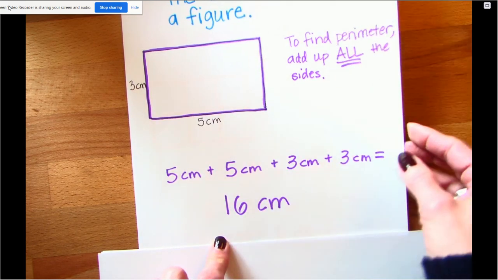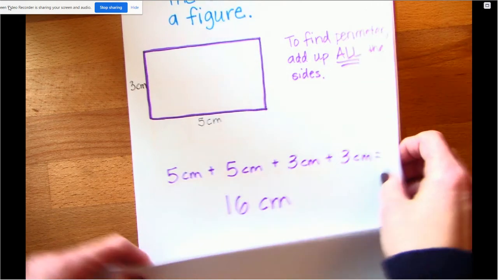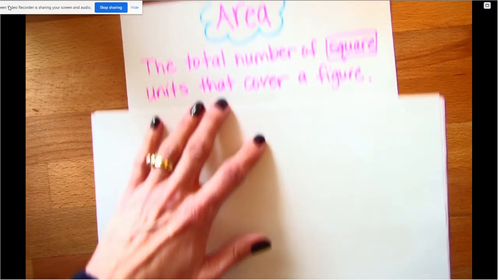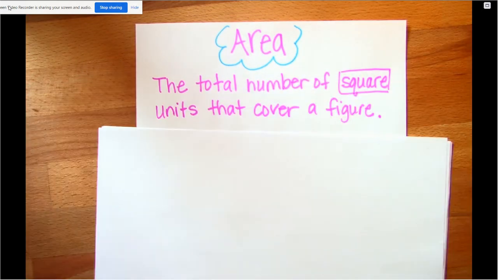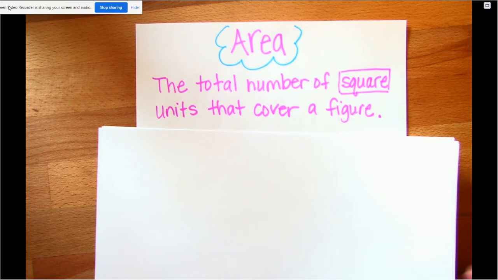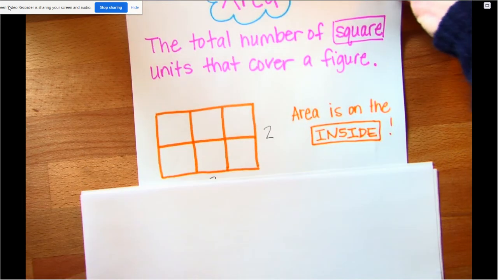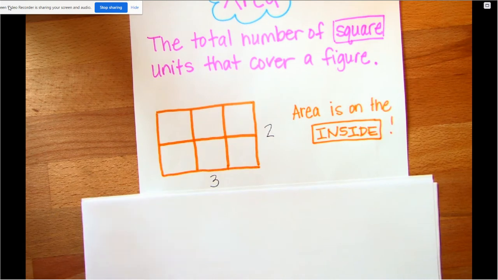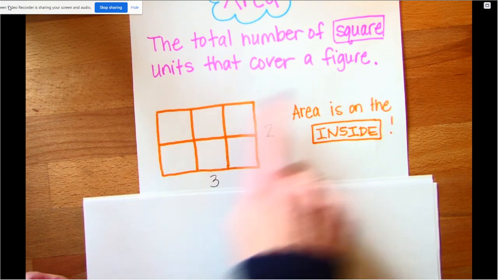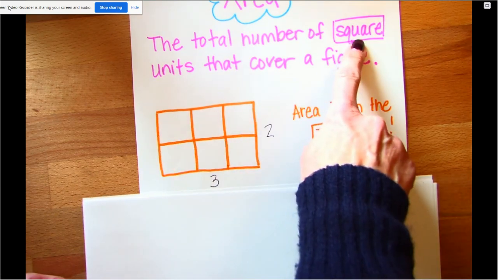Now we've already talked about area before, and I hope you remember that area is the total number of square units that cover a figure. So think about a blanket covering something. If I have another rectangle, I'm looking at what's on the inside. It's covered in square units.